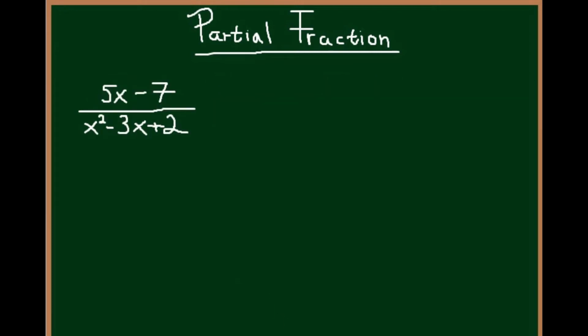First, find the factors of the denominator. The factors of x squared minus 3x plus 2 are x minus 1 and x minus 2.